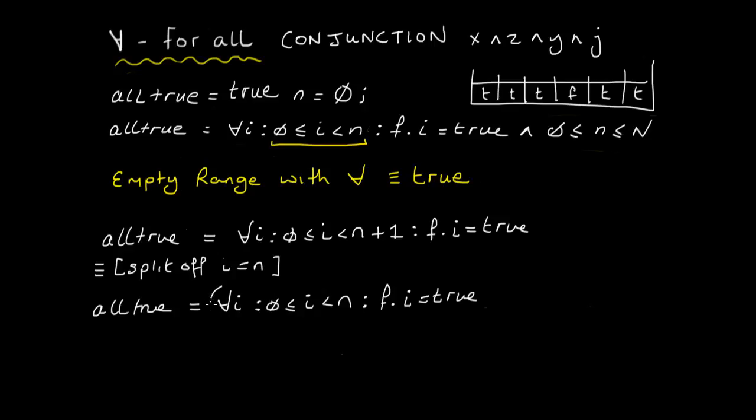And of course normally when we split off we bracket this bit because that's the bit that we're keeping from what we've previously processed. And of course, because it's a conjunction that we're using for all, we split off with an and, we split off f.n equal to true. And of course, we normally say that that follows from our invariant.